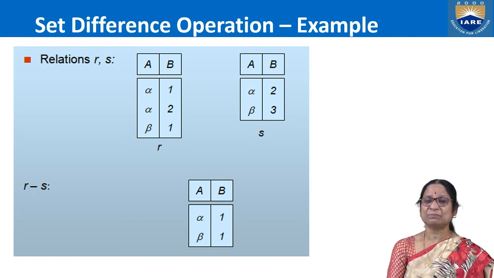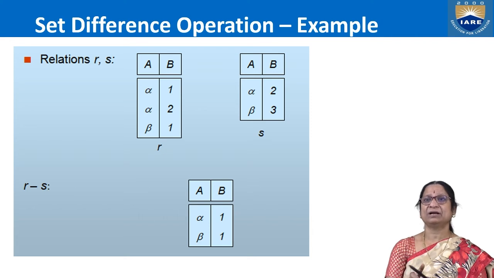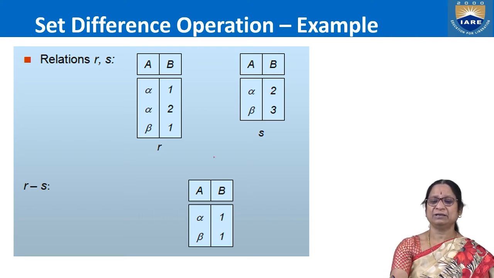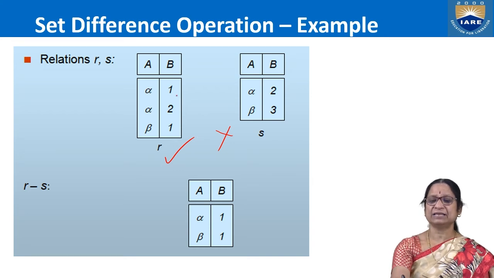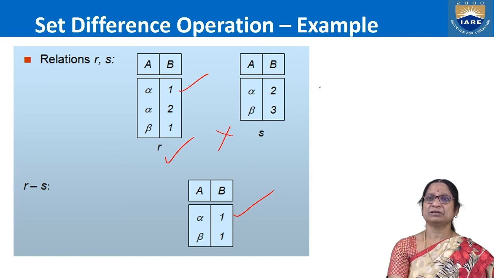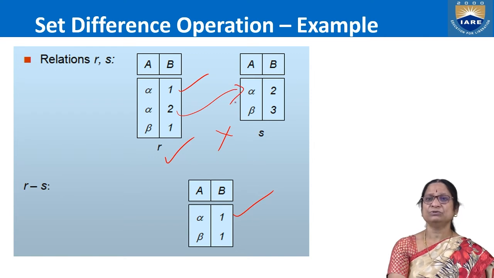So the tuples which belong to R but do not belong to S are going to be displayed. That is, a tuple belongs to R and does not belong to S must be listed. Alpha 1 belongs to R but is not in S. Alpha 2 is there in S also, so it cannot be included in my result.